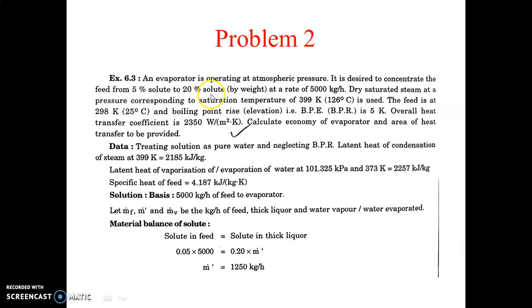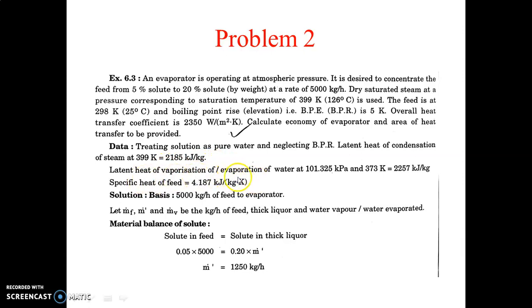So let us discuss what is given in the problem. Data is given as latent heat of condensation of steam at 399 Kelvin, which is equal to 2185 kilojoules per kg. So this data is required for calculation of economy.